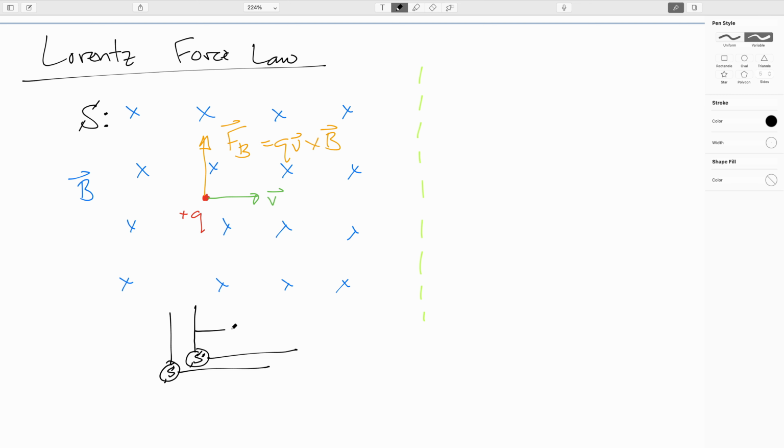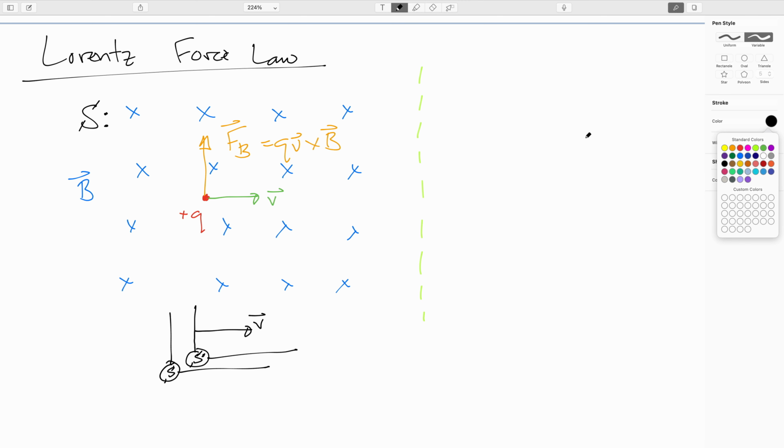I'm going to have S prime moving to the right at that same velocity v. So thinking back to velocity addition from mechanics, what would S prime say the velocity of that charge is? Yeah, that S prime would say the velocity of that charge is 0.